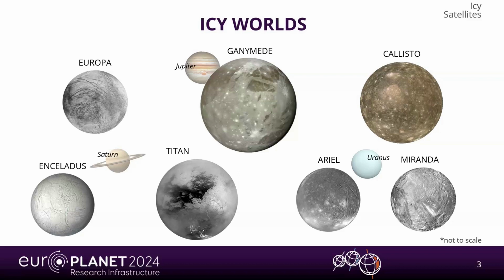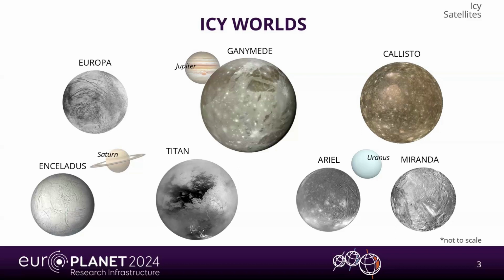But also in the Saturnian system there are Dione, Thetis, and Iapetus, and other icy satellites. And icy satellites characterize the Uranian system as well, around which several icy satellites orbit, such as Miranda, Ariel, or also Titania, and others.